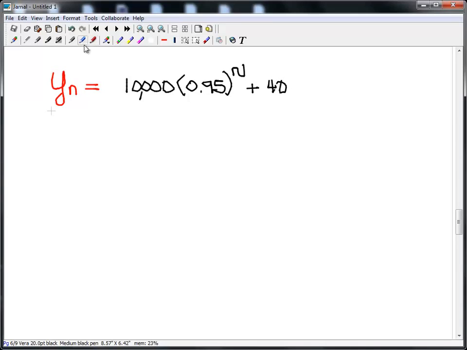Sorry, I'll just be clear. Capital N is what we were asked for in the question. Plus 40,000 by 1 minus 0.95 to the power of n. Okay, so that's as simple as we can make the expression.